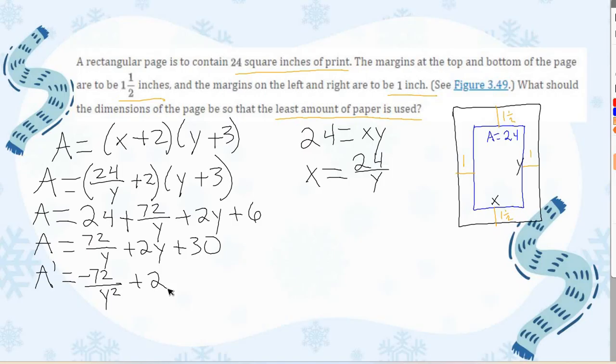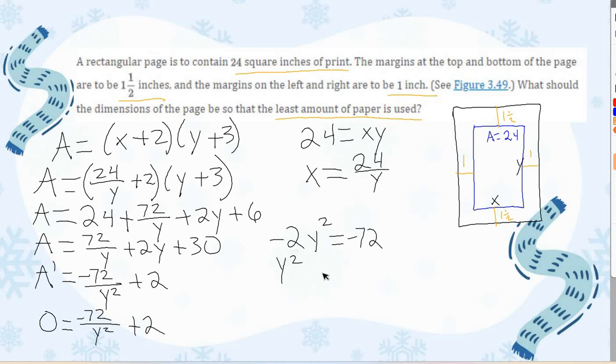So then what are we doing? It says equal to 0. Okay, we're finding our critical points. How are we going to solve for that? Subtract 2, and multiply by y squared. Then what do we do?